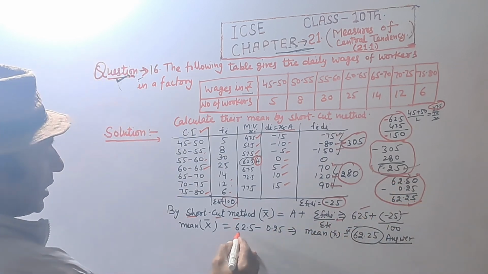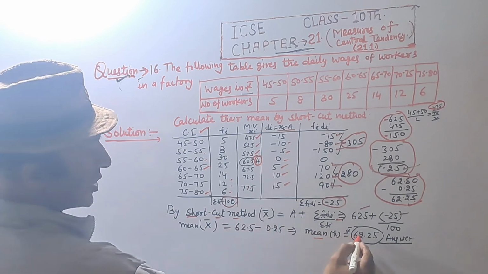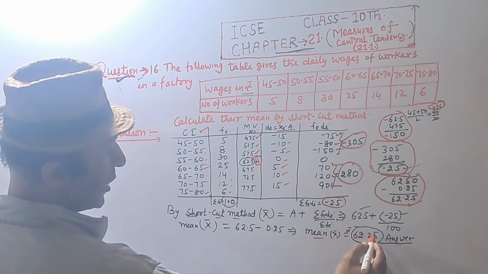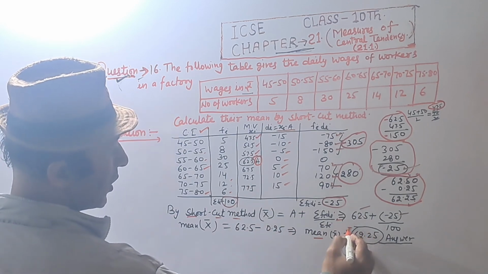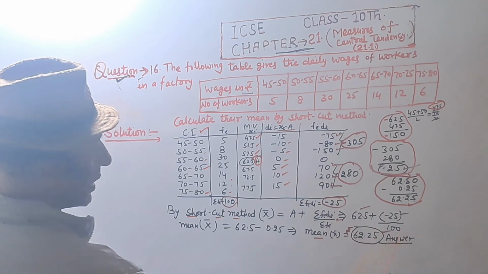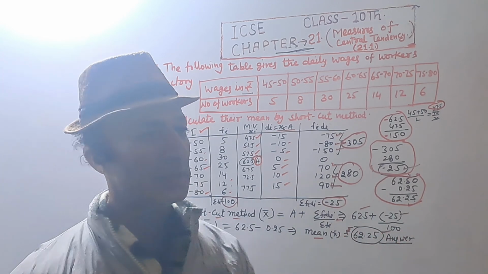Then mean is equal to 62.25 rupees. Answer. Thank you.